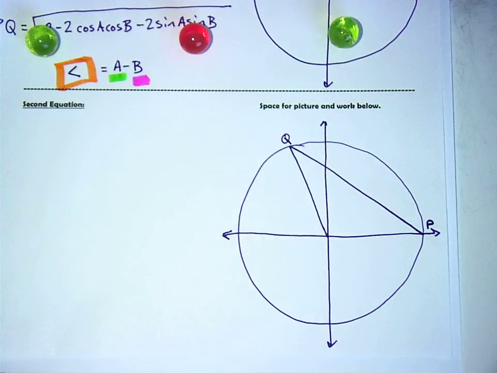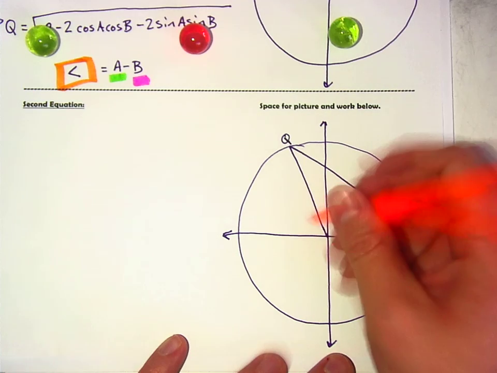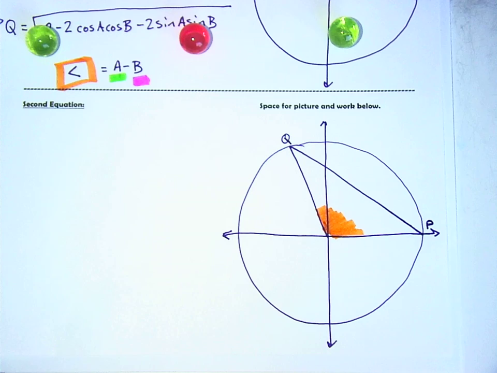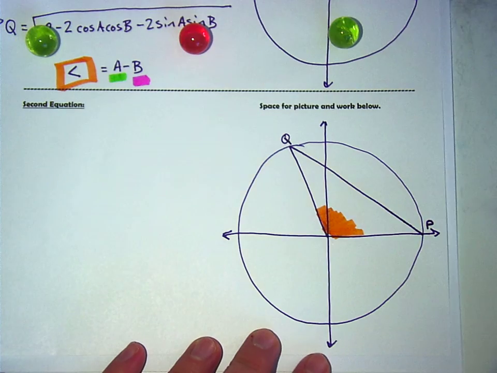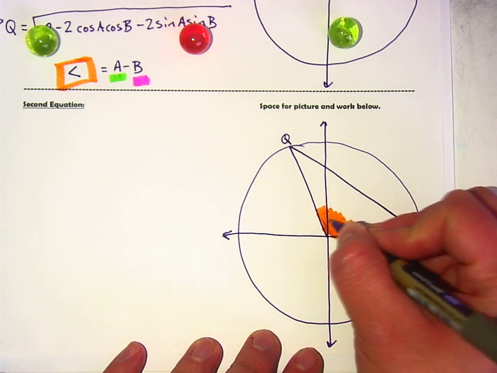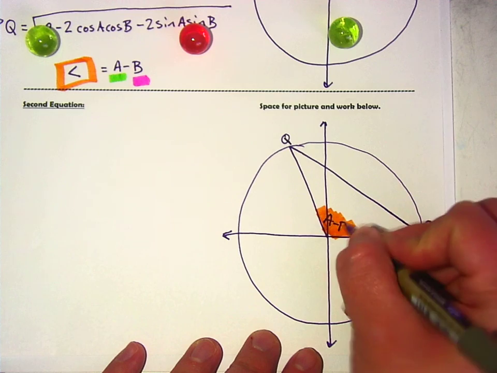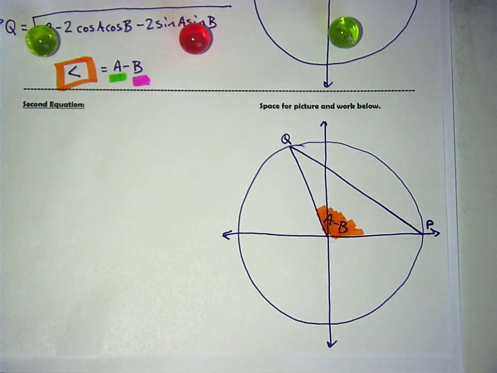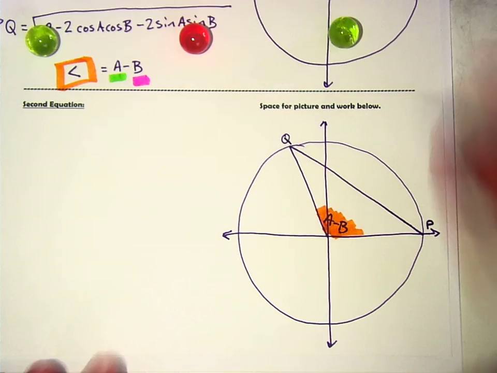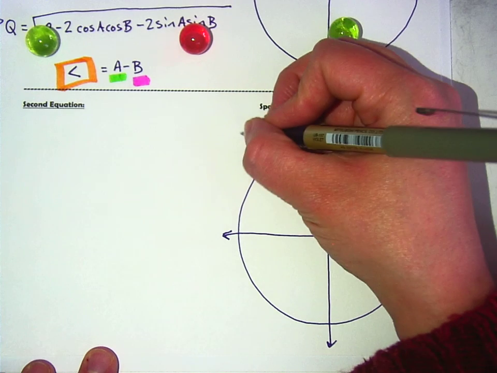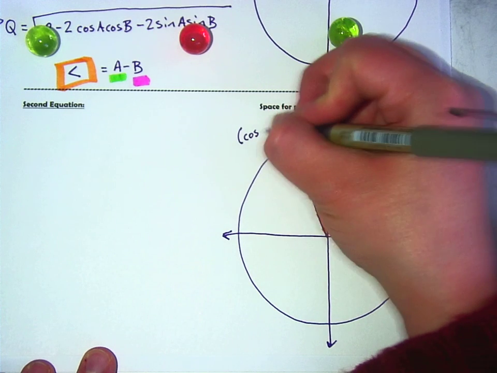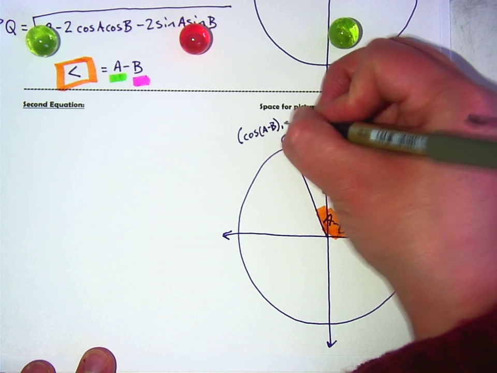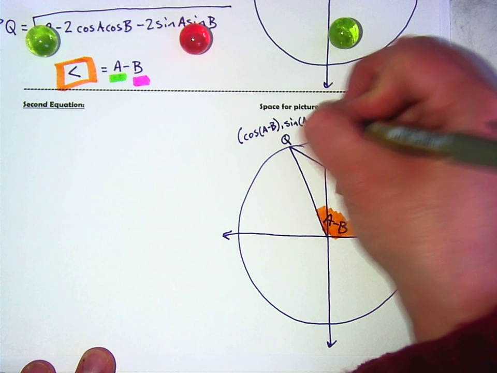And I'm setting it up so that this right here is A minus B. That means that this point is the cosine of A minus B and the sine of A minus B.